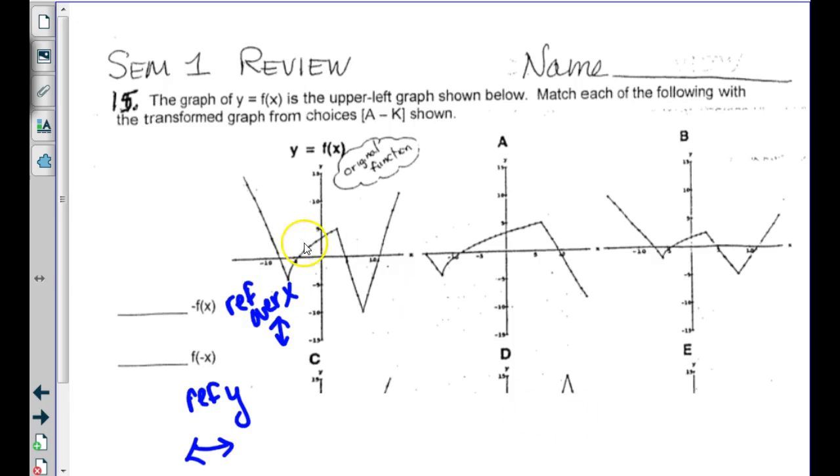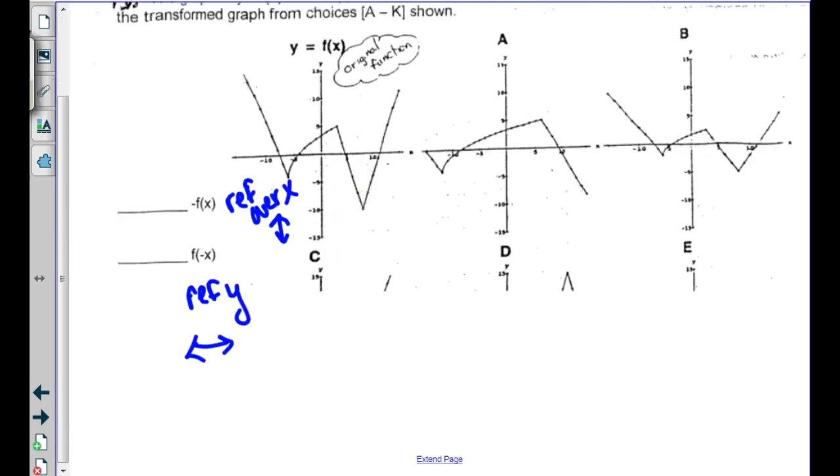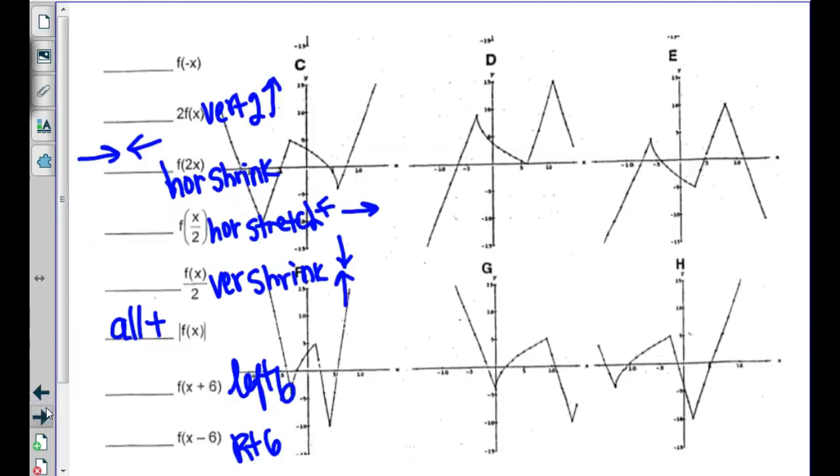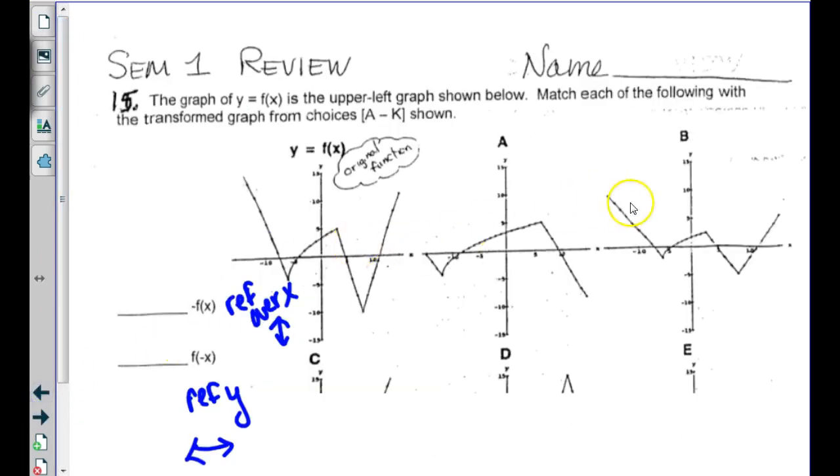If this is the original, this has been stretched horizontally by 2. Horizontal stretch by 2. That would be this one. So this is A. Can I pause this? All right, so I think I got the first one here. The second one, B, looks like it is shrunk vertically.